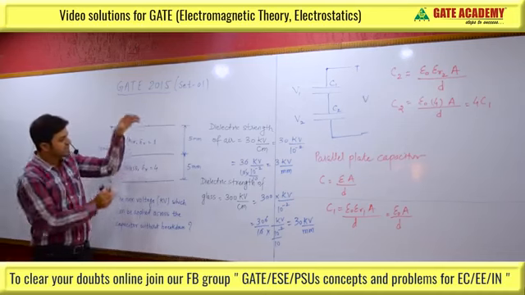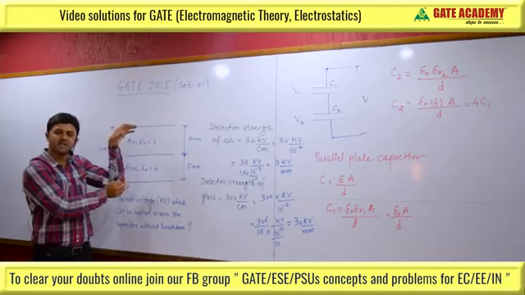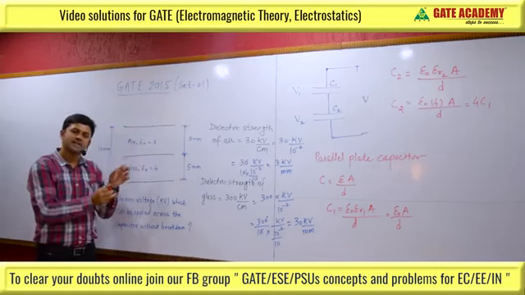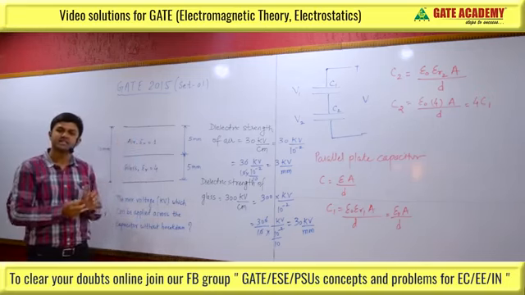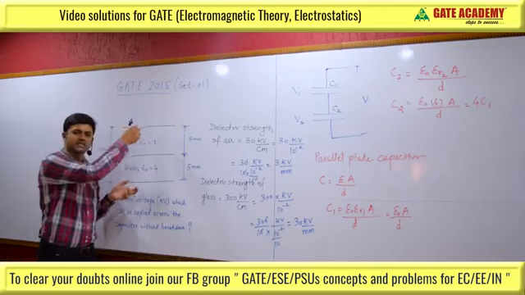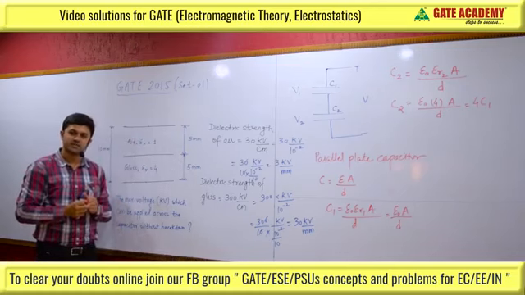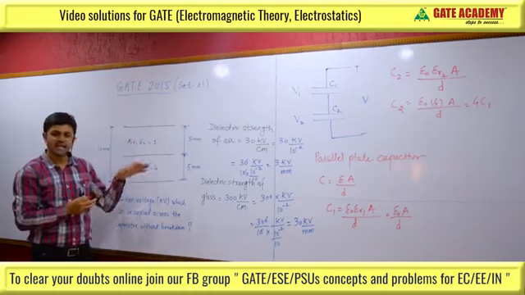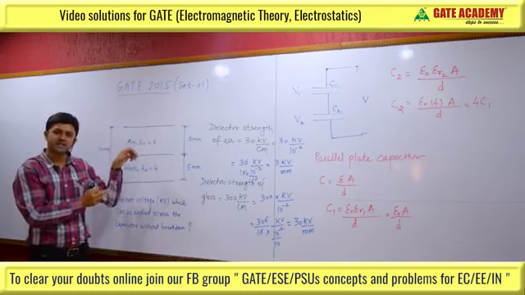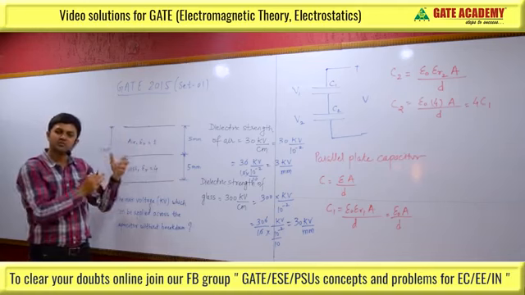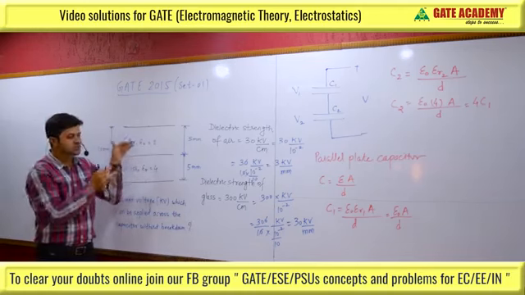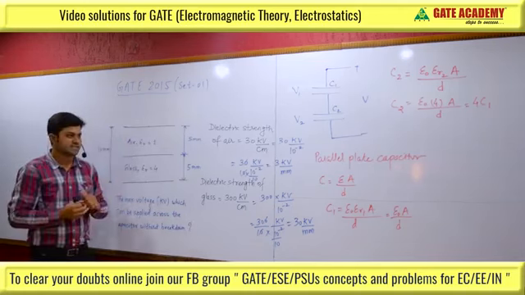The other case is if we connect the plates of the capacitor to a battery for a very long time, then the voltage across these plates remains the same. But here we have applied a battery, the charge is stored, and then we have removed that battery, so the charge stored in the plates will remain the same.